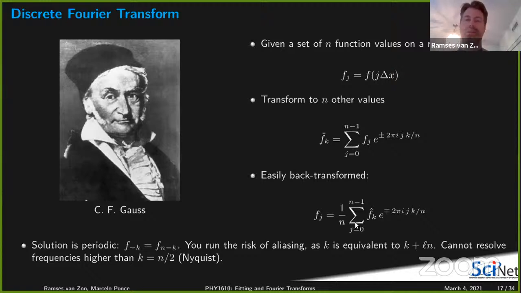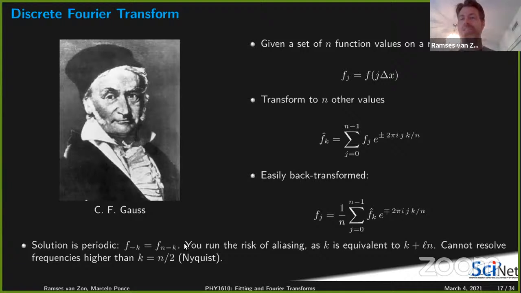Now, a few things are happening here because if you look at the back transform, this is a signal f_j that is periodic because these are periodic functions. In fact, there's a bunch of relationships here, and one of the things that you could see is that if you took this literally and you didn't restrict your k to 0 to n minus 1, but you allowed negative k values, so those would be negative frequencies or waves moving in the opposite direction, you could actually just show with a little algebra that f at minus k is the same as f at n minus k.